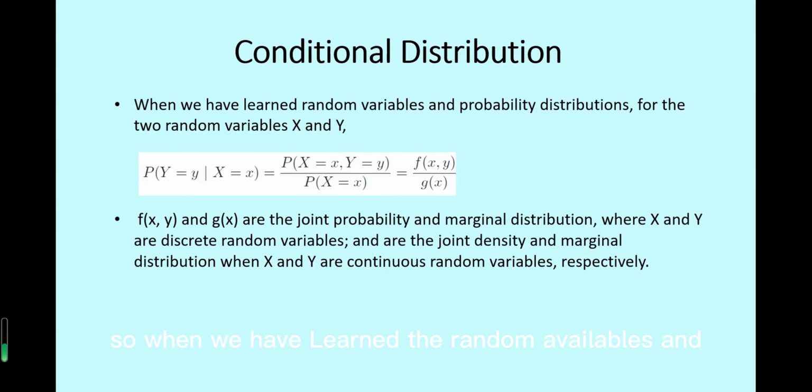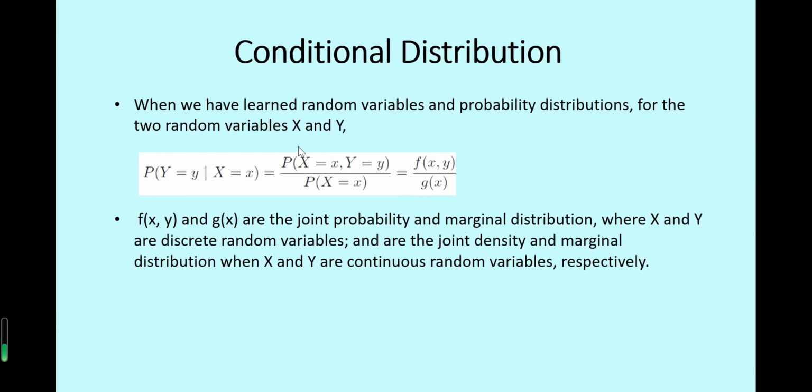When we have learned the random variables and probability distributions for two random variables, we can also write the probability of Y equals y given X equals x as the probability of X equals x and Y equals y divided by P(X equals x).